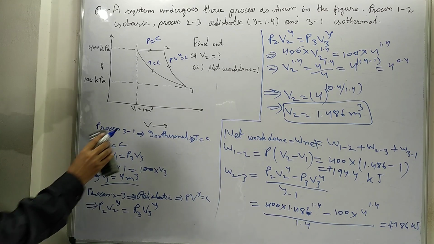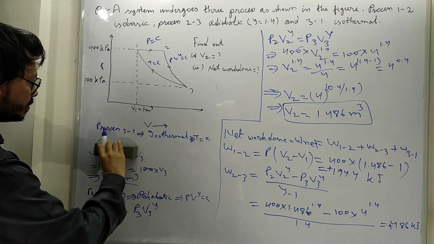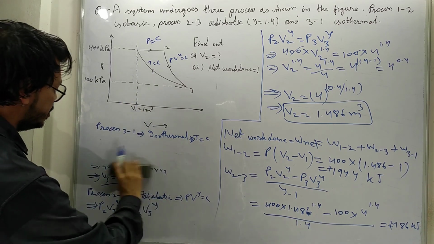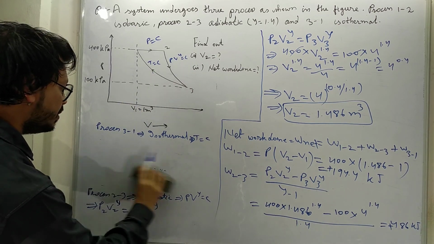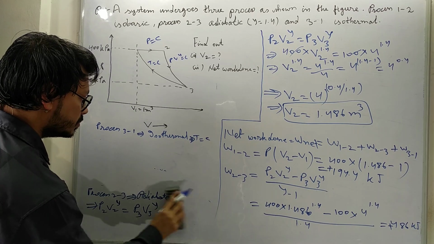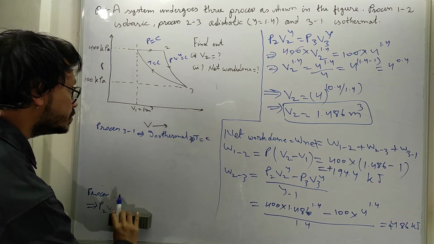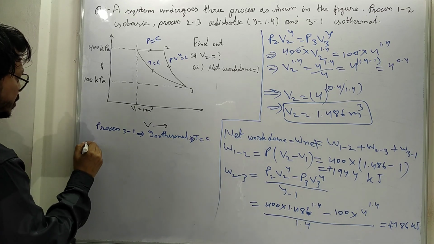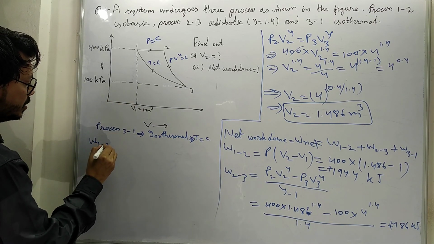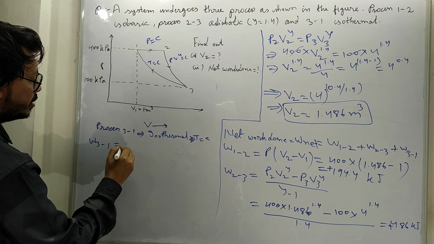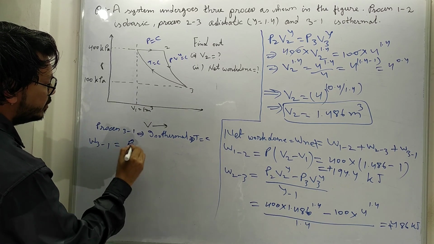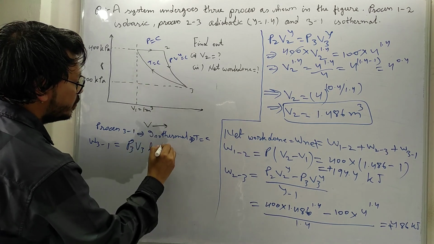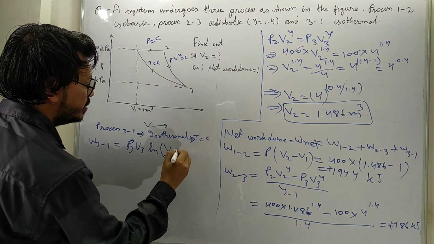So process 3 to 1, this is an isothermal process. So the work done is given by P3 V3 ln V1 by V3.